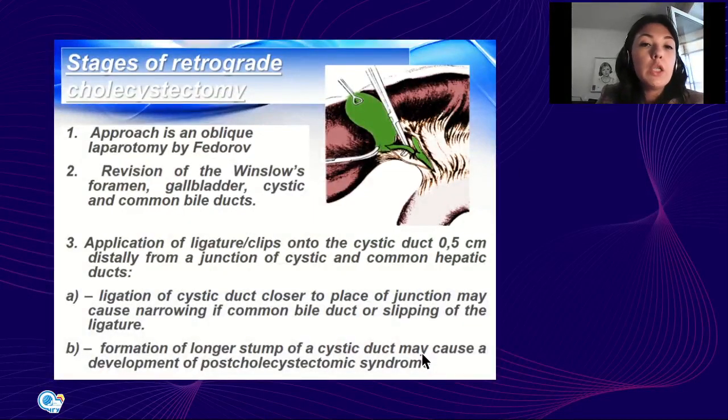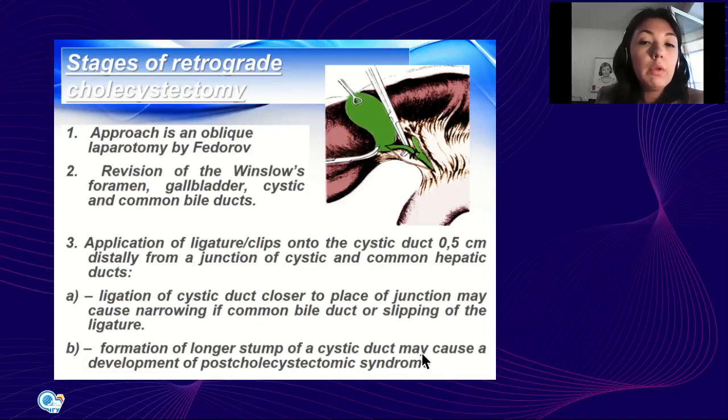So what are the stages of retrograde? Mainly, if there are no complications and no obstacles, we perform retrograde cholecystectomy. The approach is an oblique laparotomy by Fedorov, or the laparoscopic approach is very widely used.